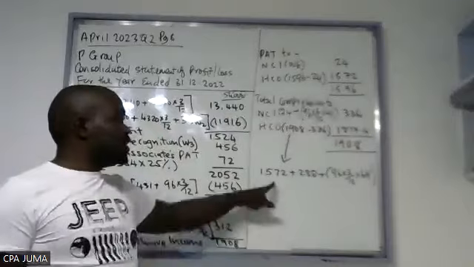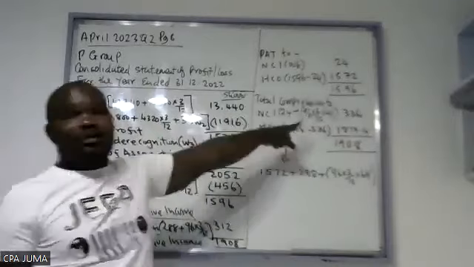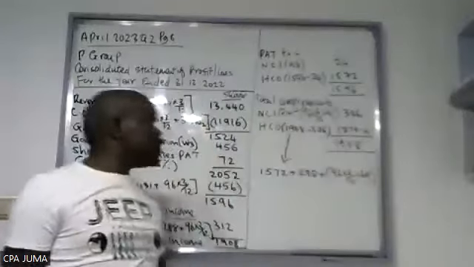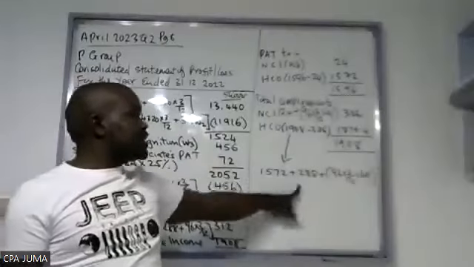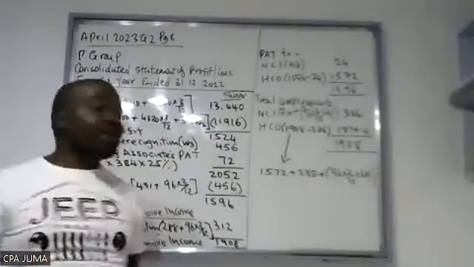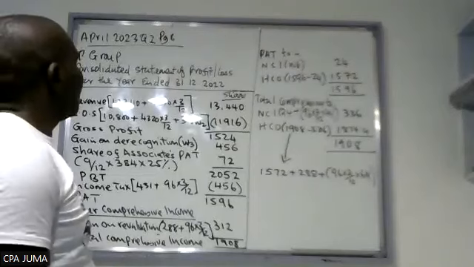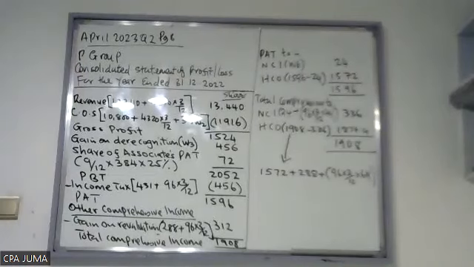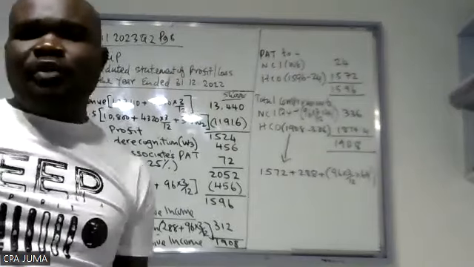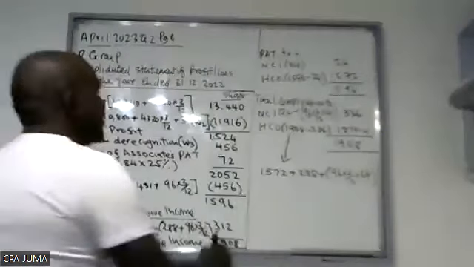Can you confirm for me if you will get the same answer, whether you get 1874.4, PAT plus their revaluation plus the one they are sharing? Yes, it should be the same.